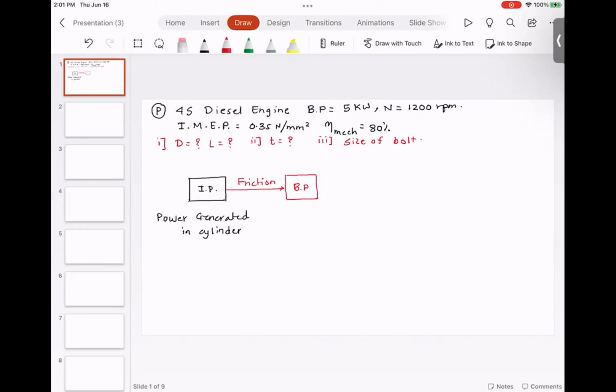So you have indicated power, and you have the brake power. Indicated power is greater than brake power. Mechanical efficiency is equal to brake power divided by indicated power.